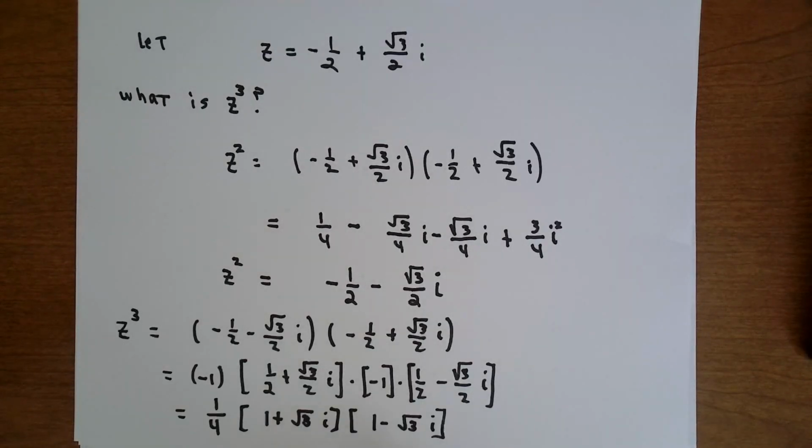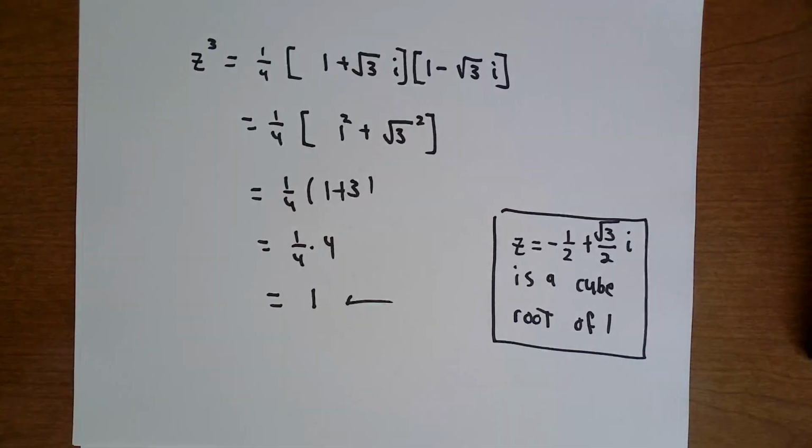This complex number, 1 minus radical 3 i, is the complex conjugate of 1 plus radical 3 i. I already know, based on what we've done before, that when I multiply those two complex numbers together, I'm going to get the real part squared plus the imaginary part squared. And again, I have to emphasize, the imaginary part is the coefficient of the i, not the number times i.